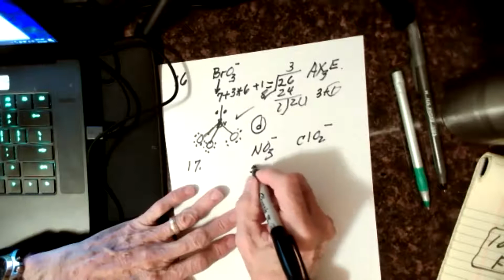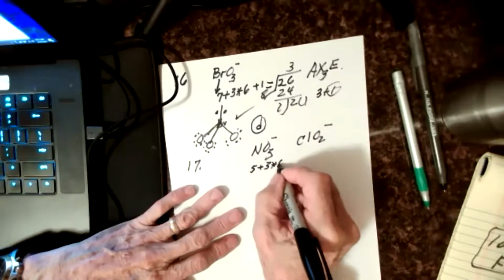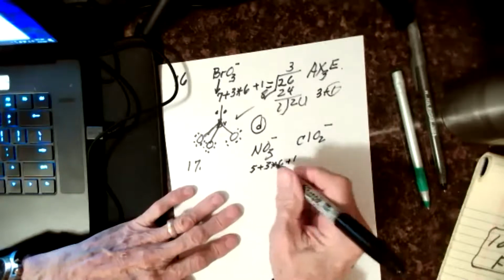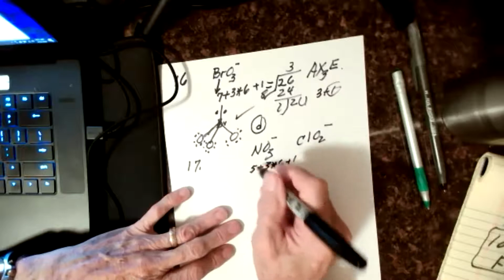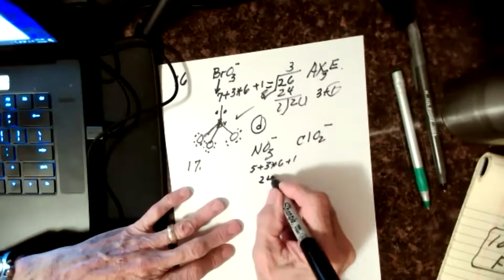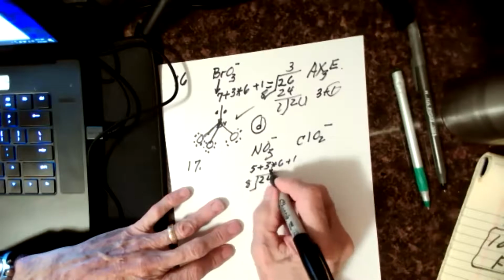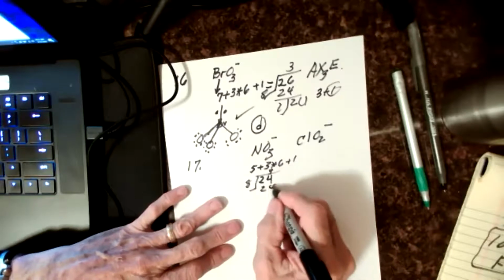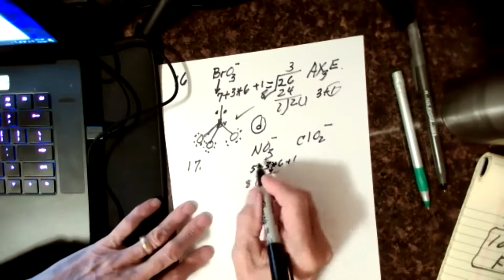Nitrogen's in group 5. We've got 3 oxygens in group 6 plus 1. 18 plus 1 is 19, and 5 would be 24. 24 valence electrons for this. 8 would go 3 times, and 24, 0. Divided by 2 is 0.